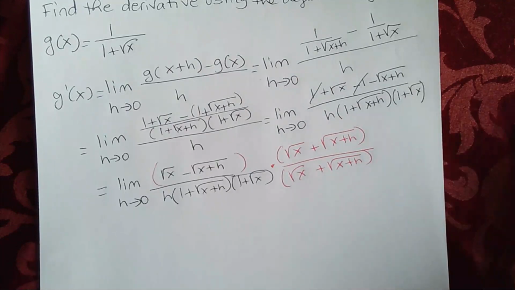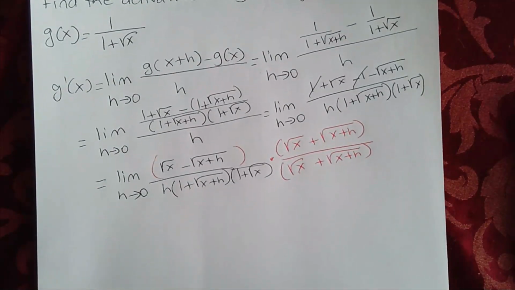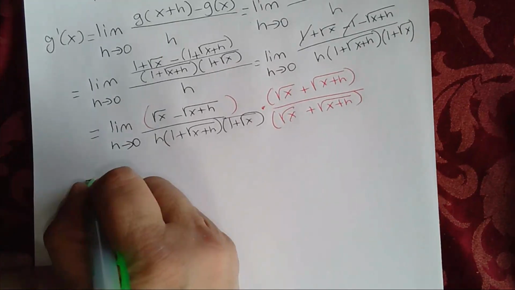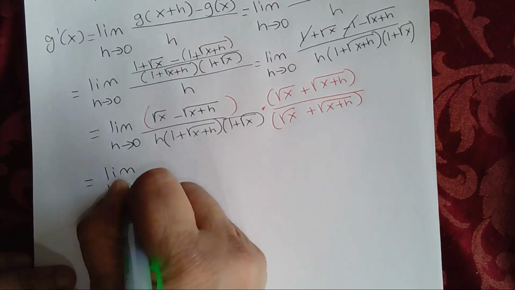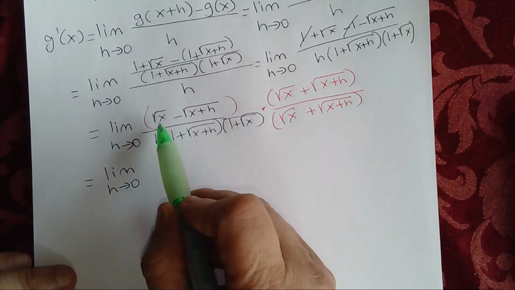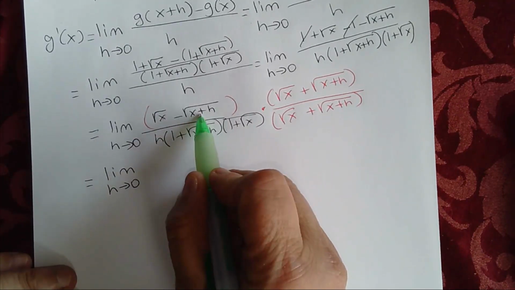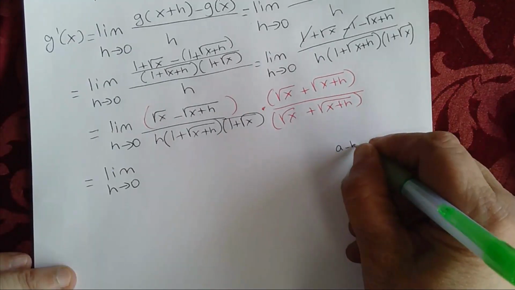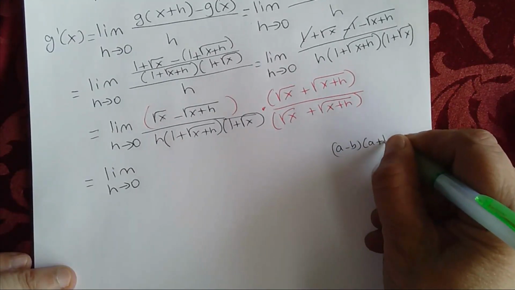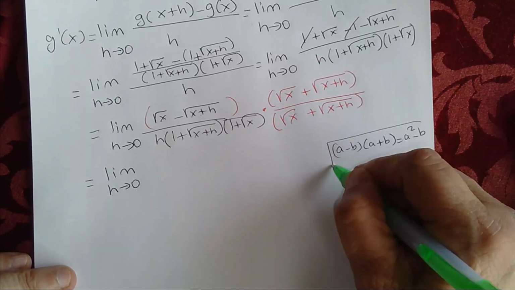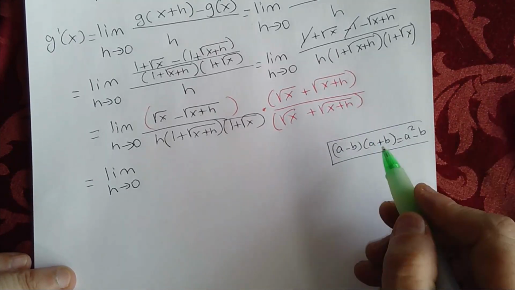So when you multiply the numerators, you're going to get the limit as h approaches 0. So that gives me this one squared minus this one squared. If you recall, a minus b times a plus b is a squared minus b squared. So that's what we have here, the product of the sum and difference of two numbers.